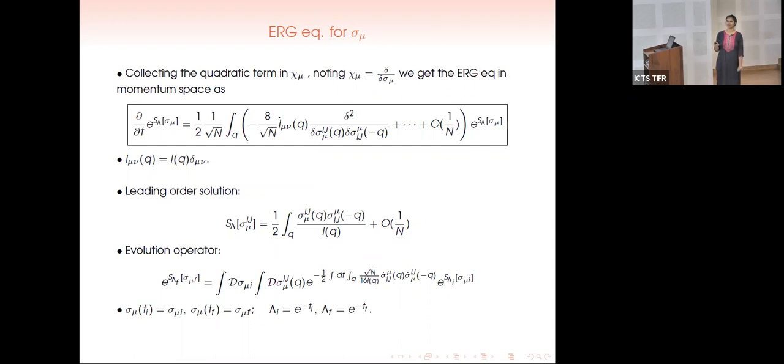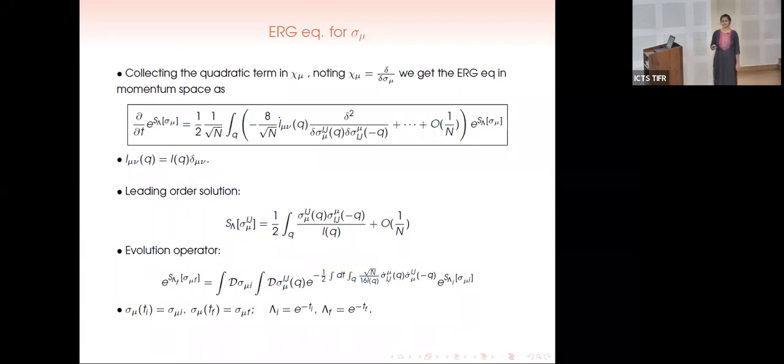What we have done is, we have collected the quadratic term in chi mu, and we have noted chi mu is delta by delta sigma mu in first order approximation. So in momentum space, it takes this form, at leading order. And because these are all transverse, this I mu nu takes the special form I(Q) delta mu nu. So the leading order solution of this equation is given by this.